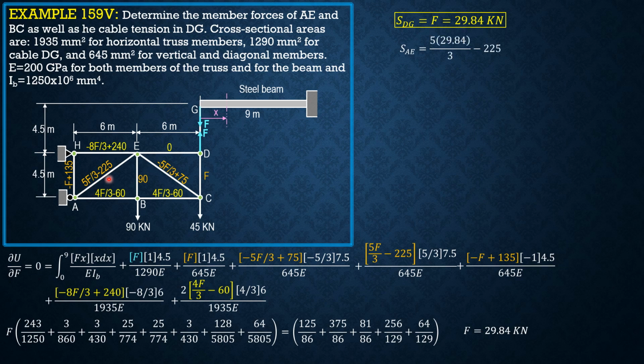So 5 times 29.84 over 3 minus 225. The force in AE is negative 175.3 kilonewtons, so it is compression. And for BC, 4F over 3, so 4 times 29.84 over 3 minus 60 is also in compression, so negative 20.21 kilonewtons. So that's it for this problem.